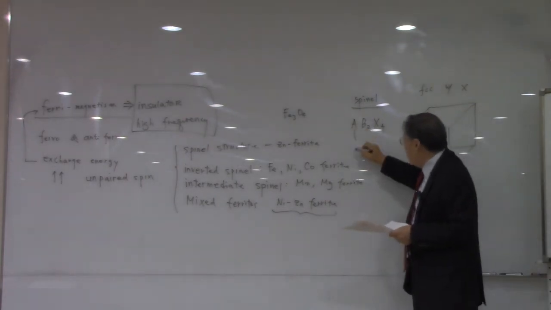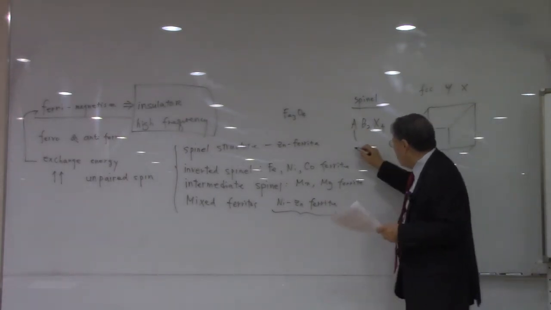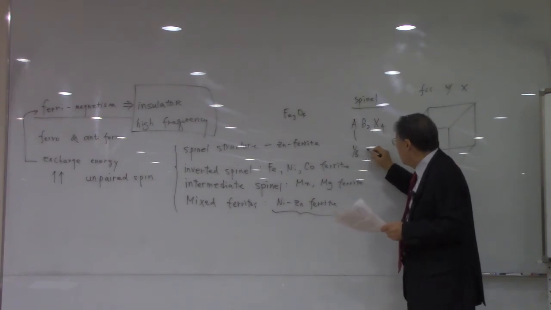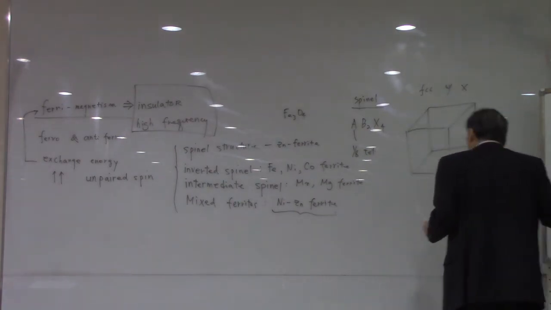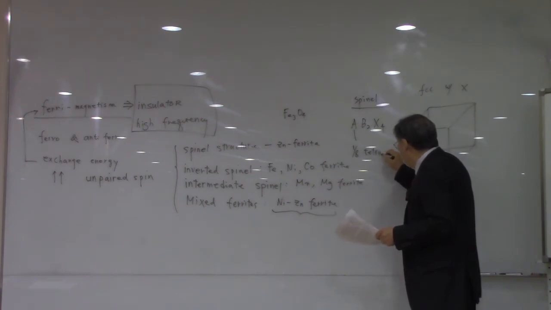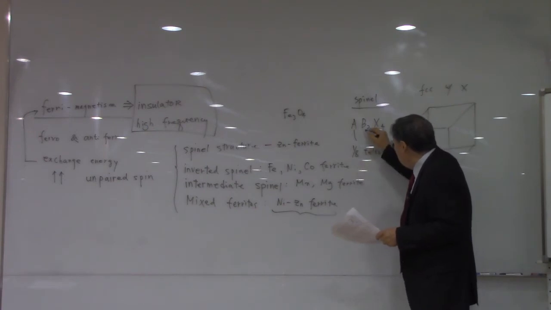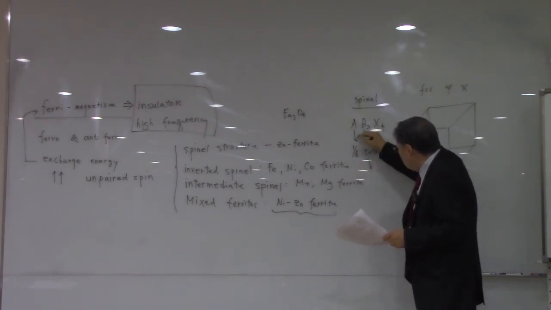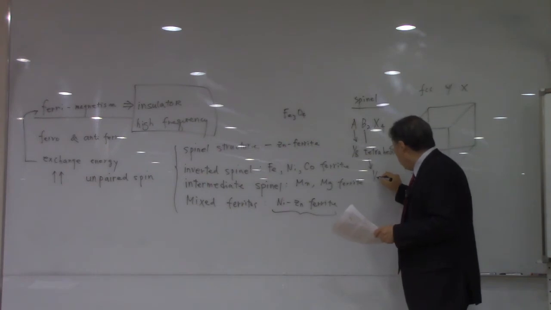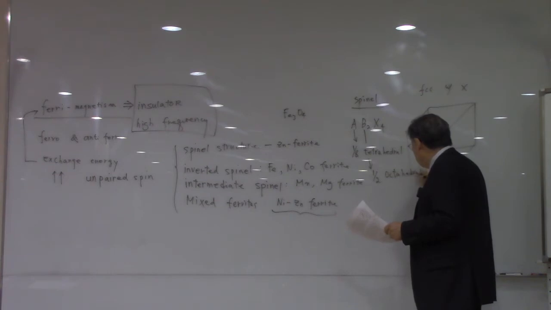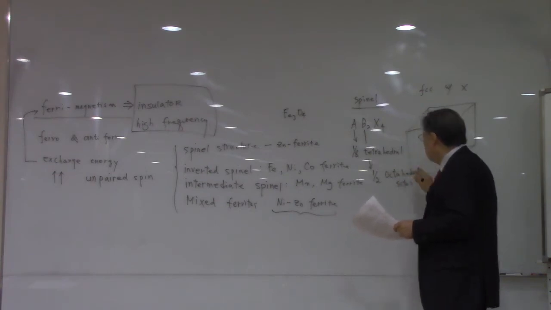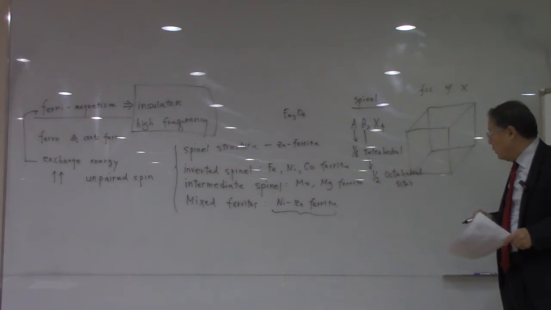And then A takes 1/8 of the tetrahedral sites. And B2 takes 1/2 of the octahedral sites in this FCC crystal structure.